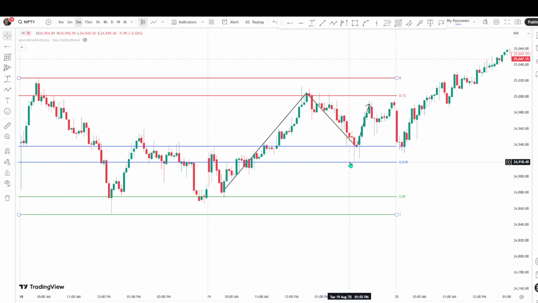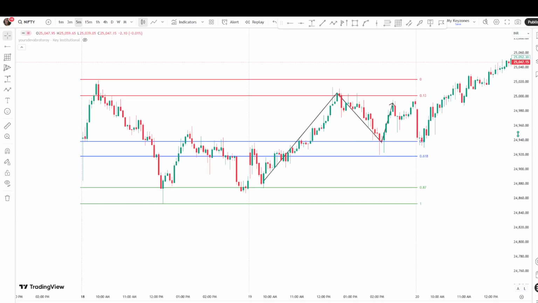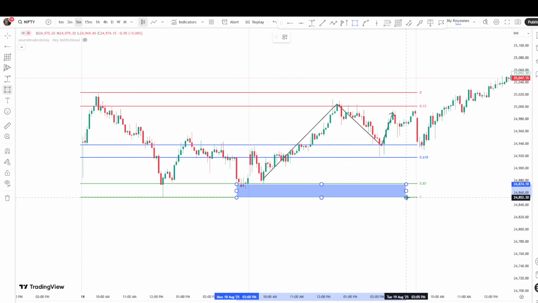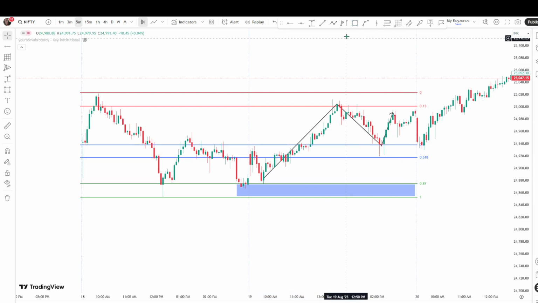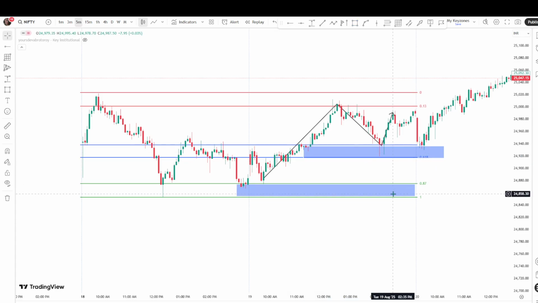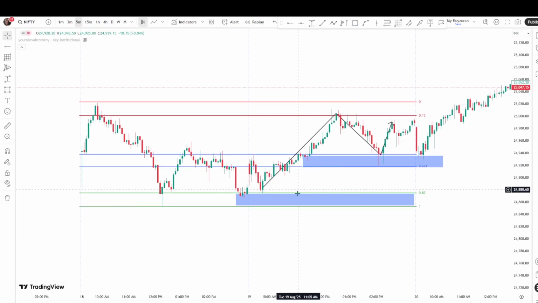Now if you understand things better, you can see the price is making support areas at different levels. First, this was the demand zone, then this equilibrium was acting as a demand zone, it went up.